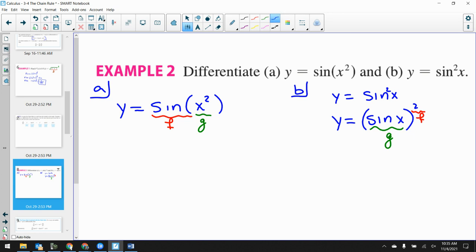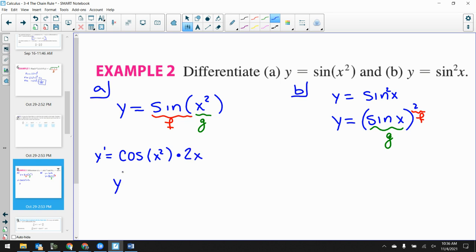All right, so let's find y prime here. Y prime is going to be f prime of g of x. What is the derivative of sine? Cosine, right? So it's cosine. Do I change x squared here? No, it's cosine of x squared times the derivative of g of x, times 2x.